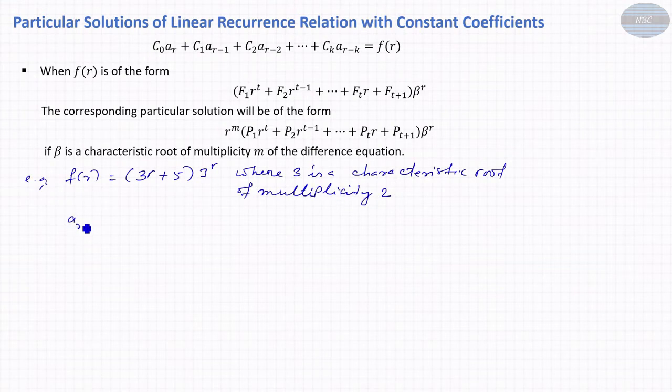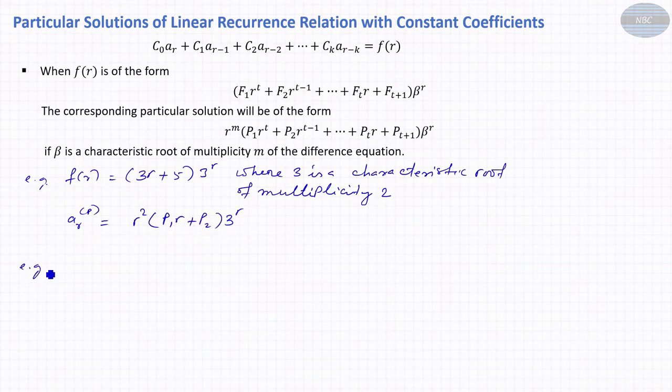Then the particular solution will be of the form, so here in the place of m you have to put 2, so r square into, this is a polynomial of degree 1, so it can be written as (p1 r + p2) into 3 to the power r. So this is the particular solution.